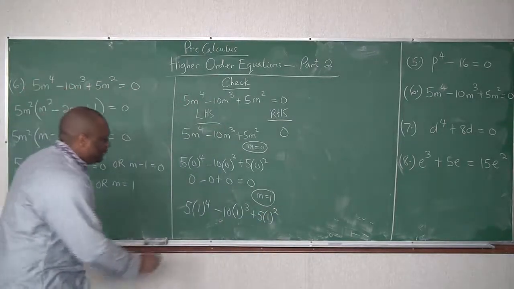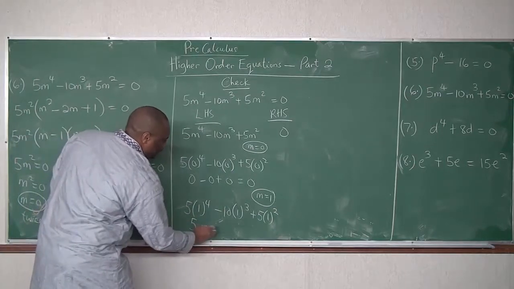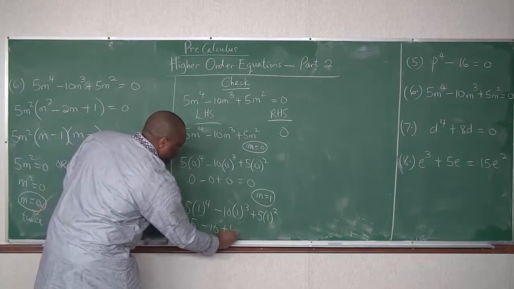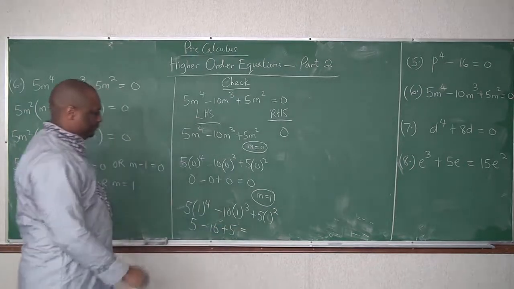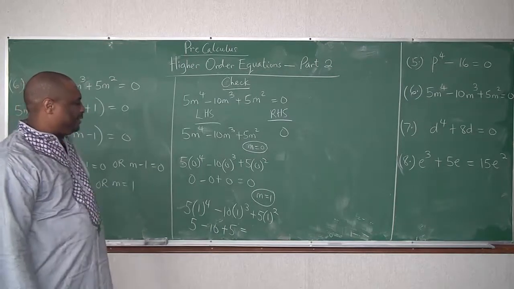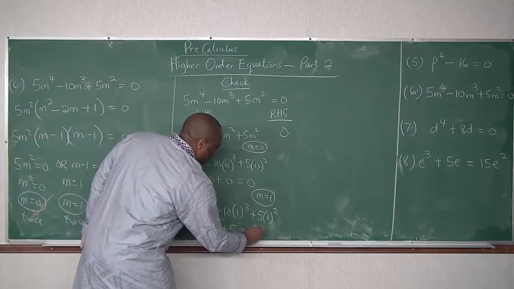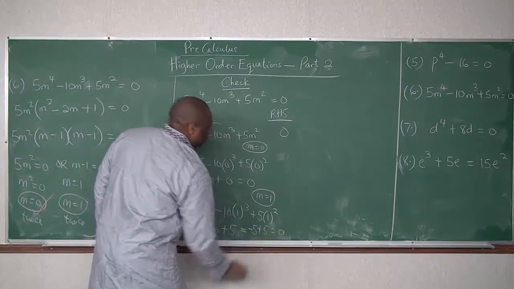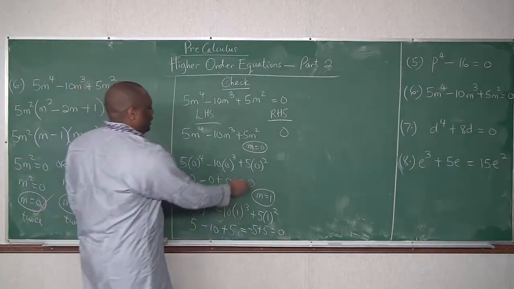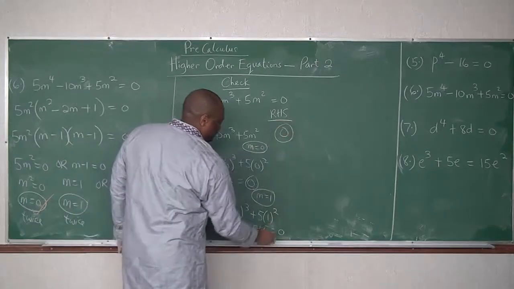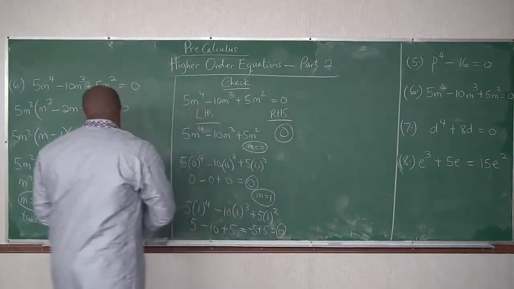So this is 5 minus 10 plus 5. Are you with me? 5 minus 10 is minus 5. Minus 5 plus 5 equal to 0. 0 on the left, 0 on the right. So this works.